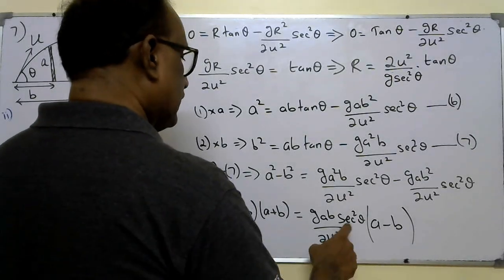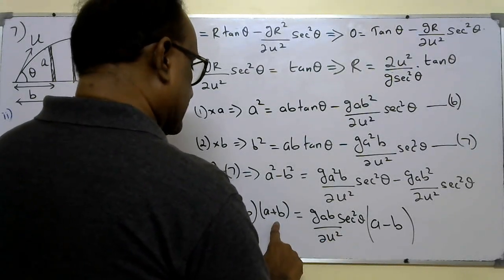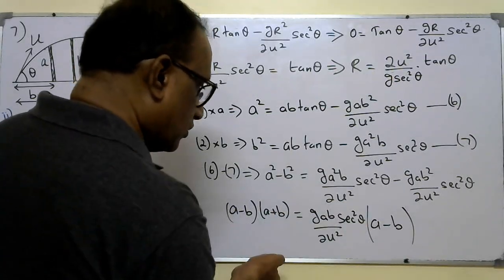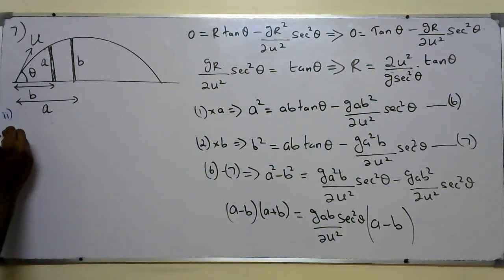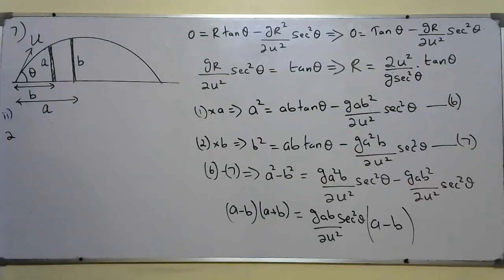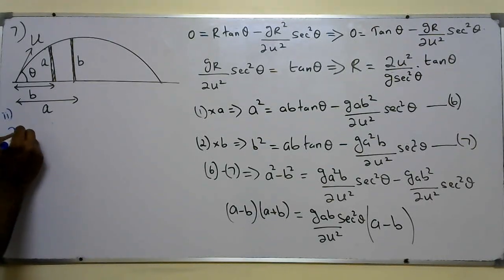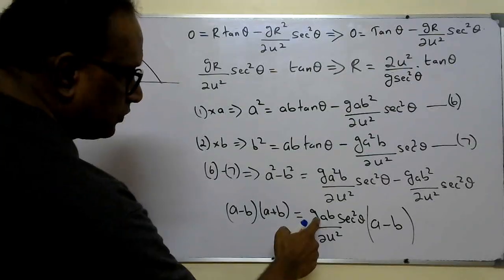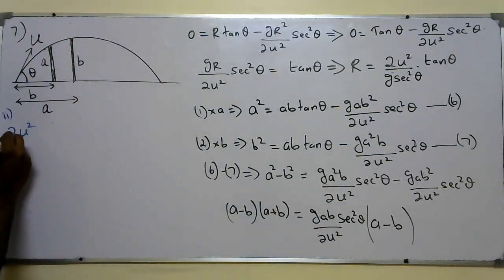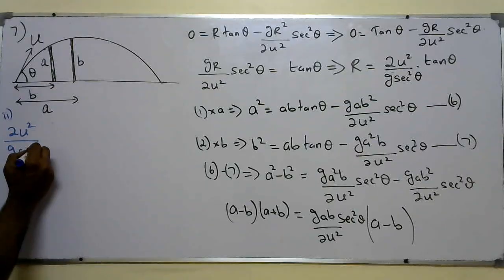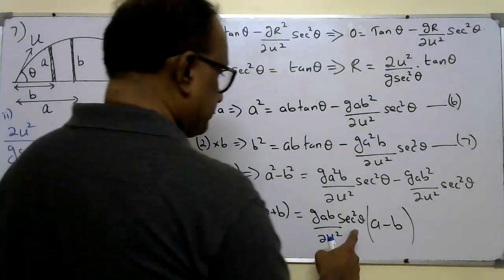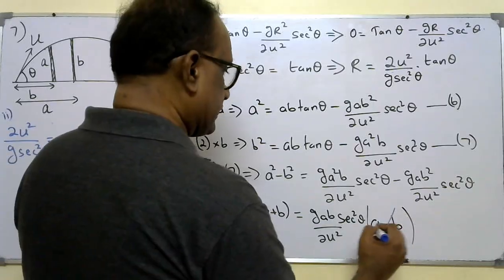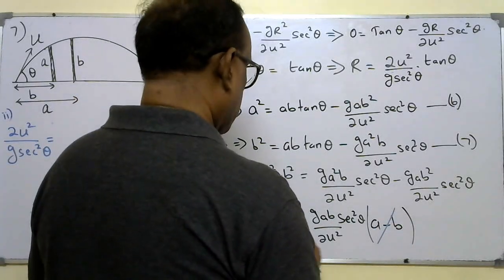So when it gets cancelled, a plus b will be 2u squared over g sec squared theta. So 2u squared over g sec squared theta is equal to, a minus b getting cancelled, ab over a plus b.